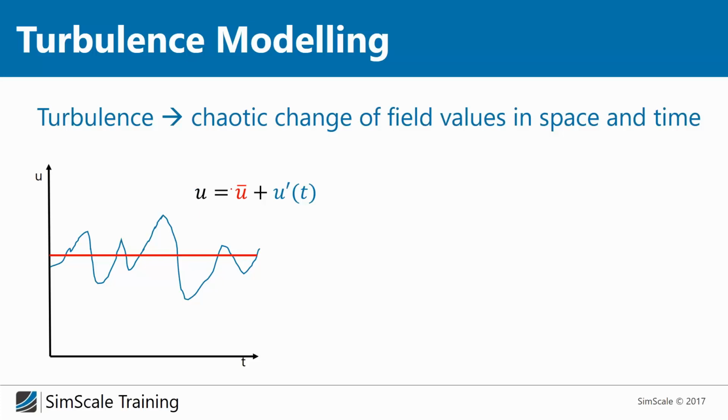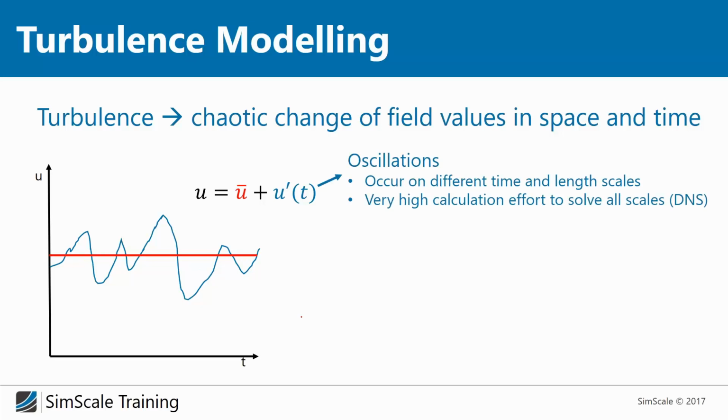One component is this red U dash, which is basically our average velocity. And on this average velocity, we have the fluctuation, which is added on top of this. And now the idea is that we can calculate two things. We will calculate a mean velocity and additionally a field for the oscillations.